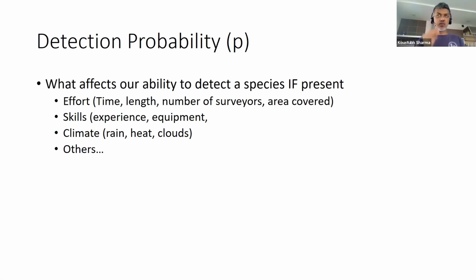Now here, what you guys have already done, and this is why I thought it was a great idea to do that little discussion earlier: you have come up with time, which is effort, skills, which is equipment, climate, in this case internet connectivity, and others. These are exactly the covariates that I had thought could be affecting it when Justine and I were putting it together, and you have already put it there.